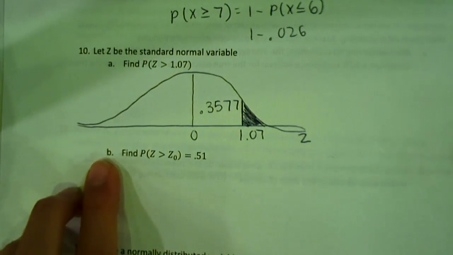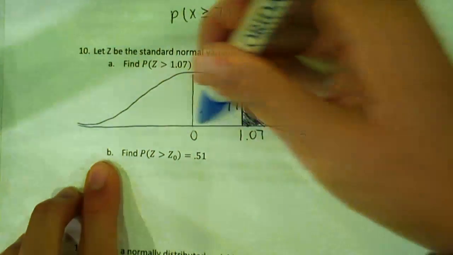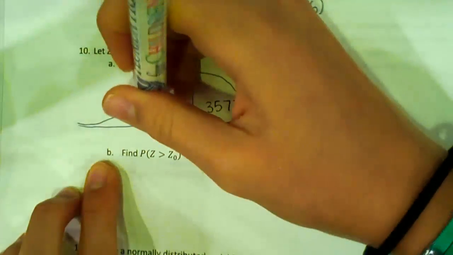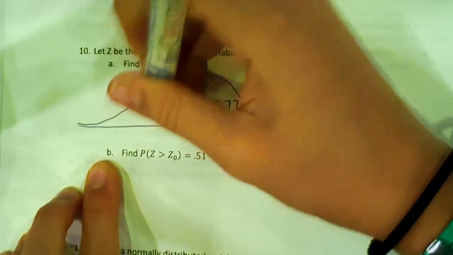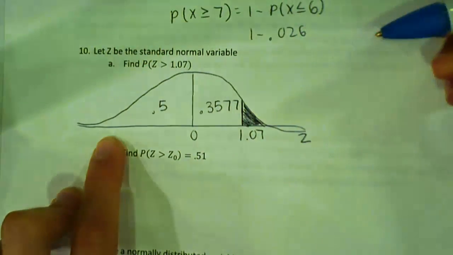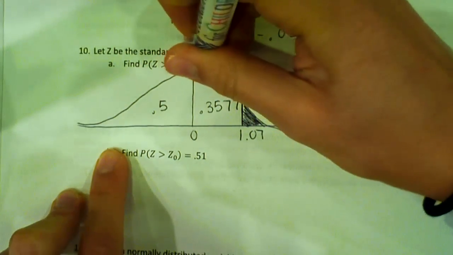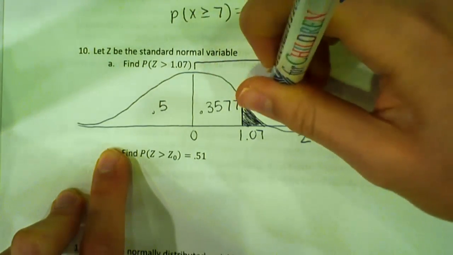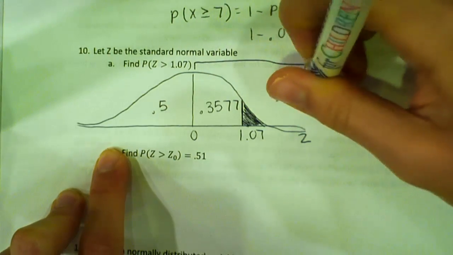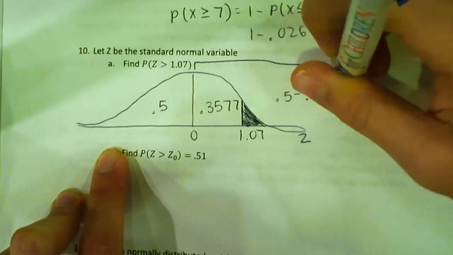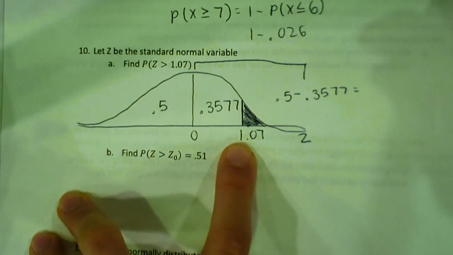And something that I didn't mention, if this entire thing represents 100%, this would be 50 on each side, right? 50 and 50. So you just subtract 0.5 minus that, and that would get you that shaded area that you actually want.